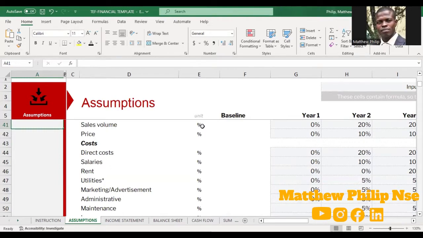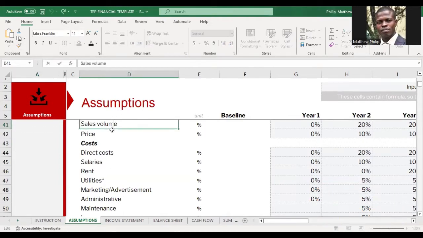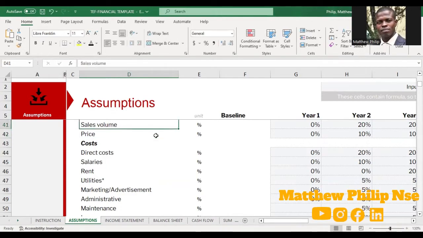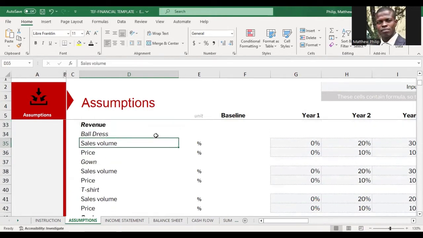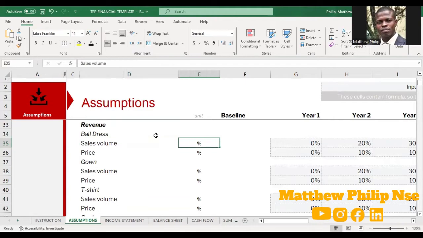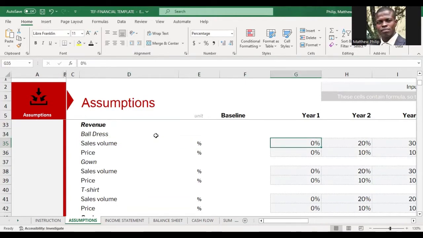For sales volume for the first product, which is board dress, it is expected that in year 1 it is 0 because there's no initial sales.